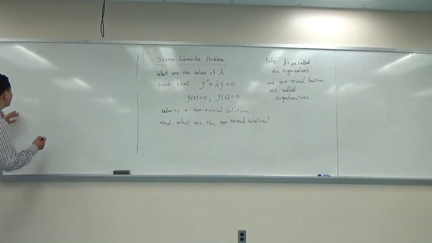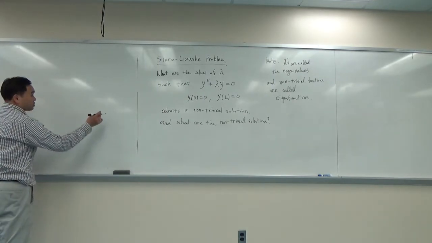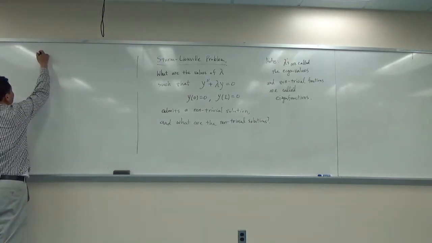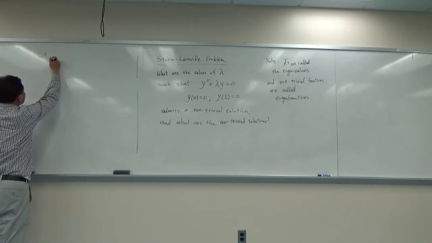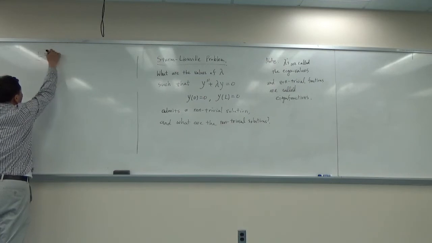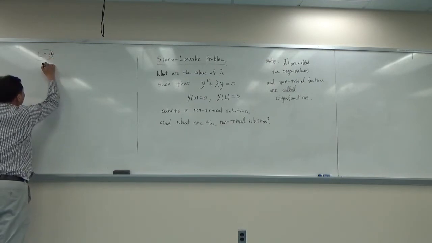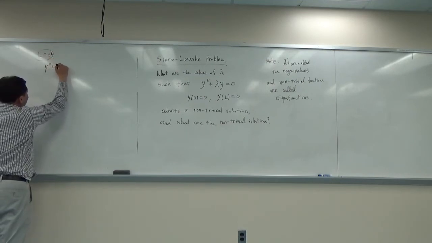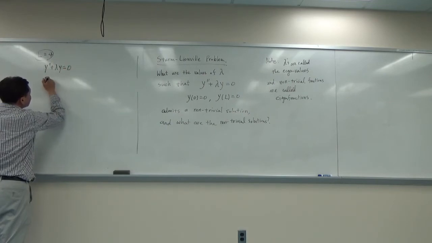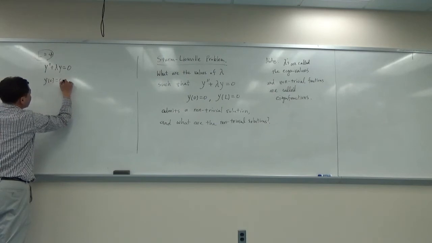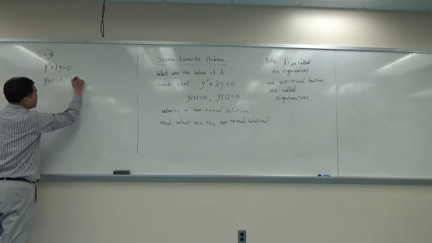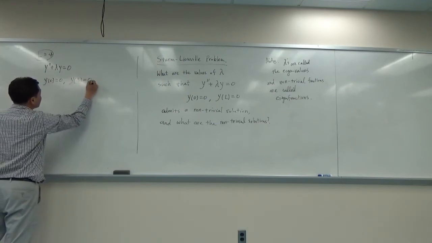So let me just end today's lecture with a specific value of L. Let's say L is equal to 4. Let's try that one. You have y double prime plus lambda y equals 0, with y of 0 equal to 0 and y of 4 equal to 0.